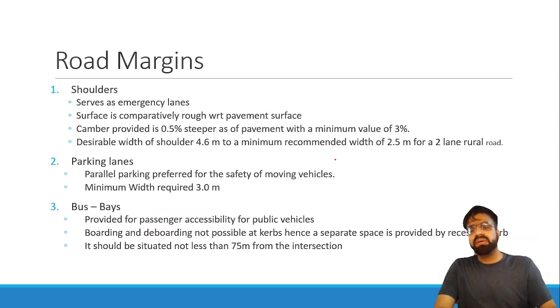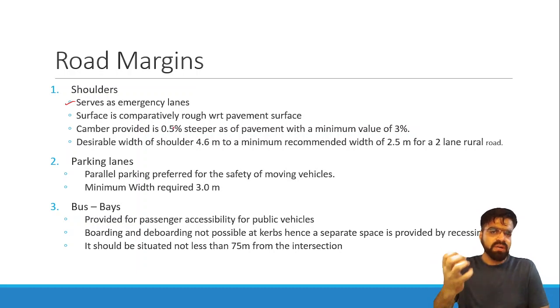So the specifications about the shoulder are: the shoulder is an emergency lane. It can be used as an emergency lane in conditions of congestion. Then the surface is comparatively rough. If we compare the surface of the shoulder with the pavement surface itself, the camber provided is 0.5% steeper.